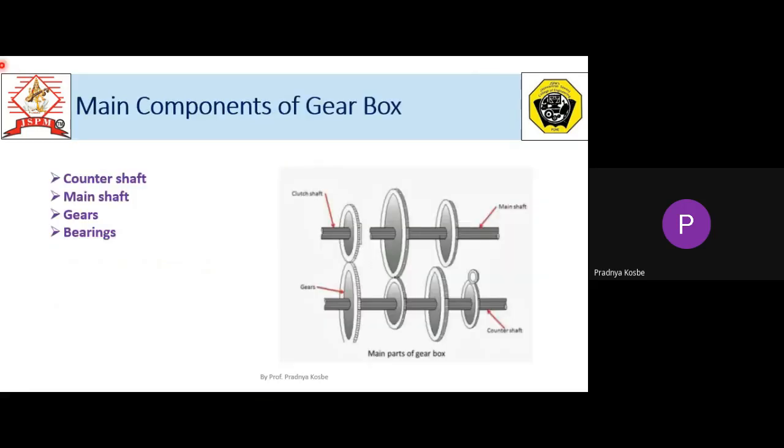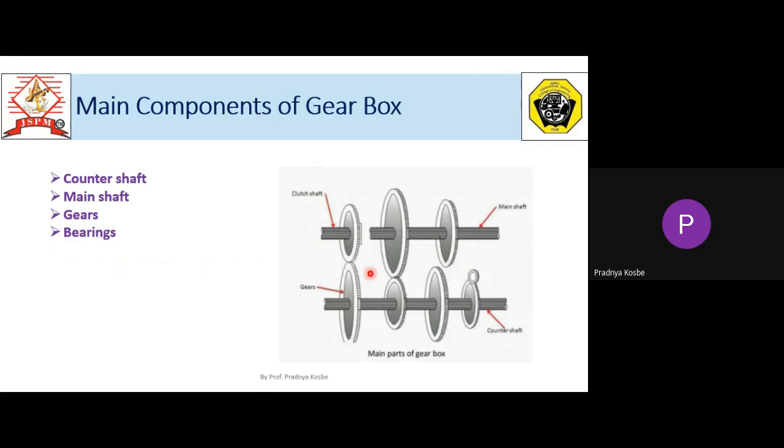Now we'll see the main components of a gearbox. Here there is a clutch shaft. This is the main shaft. This is the counter shaft.